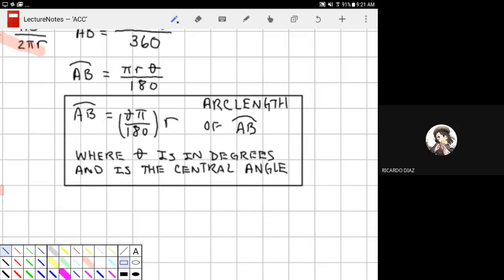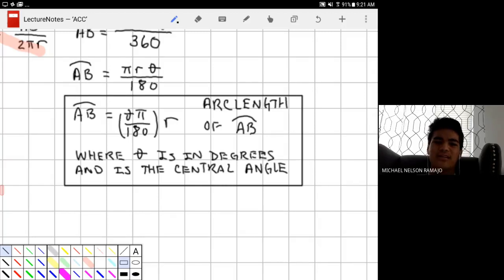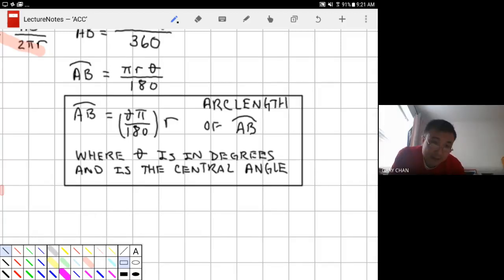So wait, why is the theta pi over 180 in a parenthesis? Yeah, that was what Emmett was asking about a moment before.